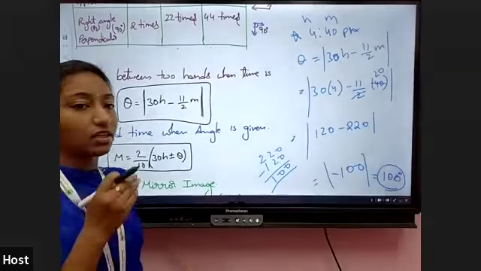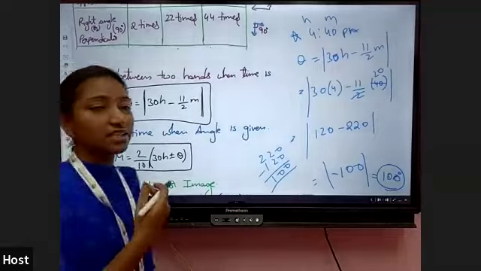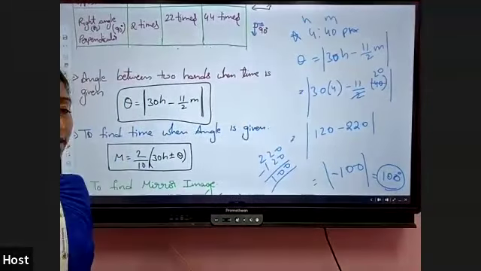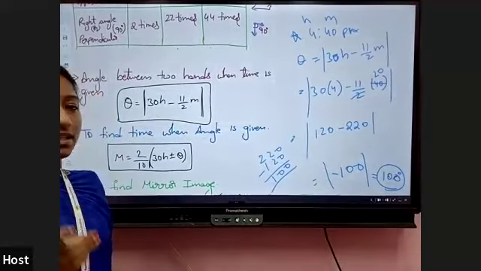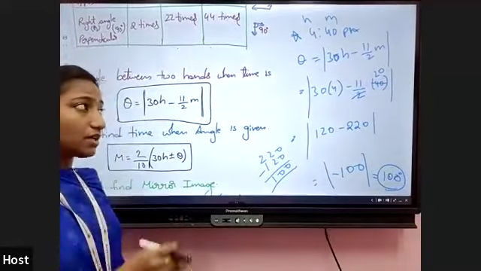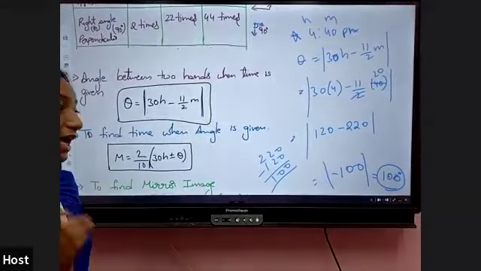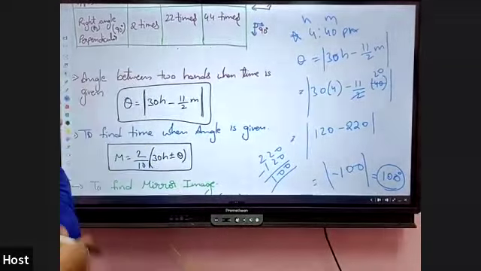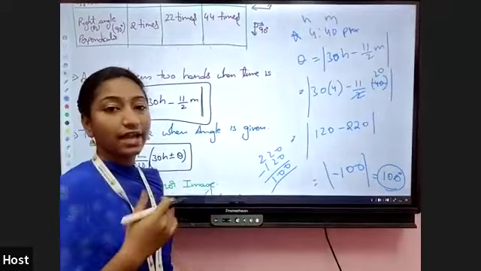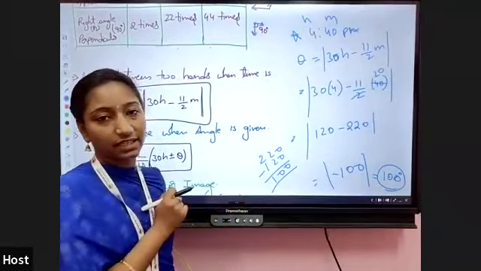When the time is 4:40, the angle between the hour hand and minute hand is 100 degrees. Either it is PM or AM, it does not matter.